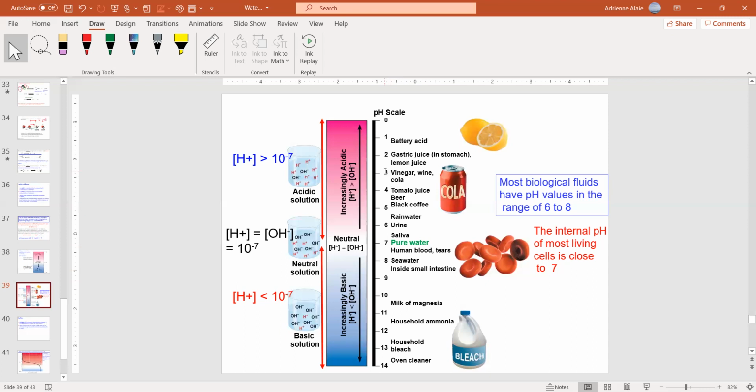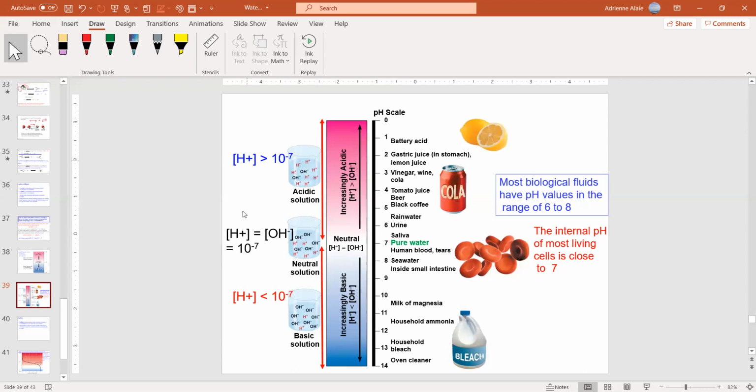So with every change in a number, because we're dealing with logarithmic numbers, you are 10 times greater in acidity as we go in that direction between every number. So if you're looking at black coffee at 5, this is 10 times at 4. This is 100 times, vinegar. The gastric juice is 1,000 times more acidic than black coffee at 5 is.